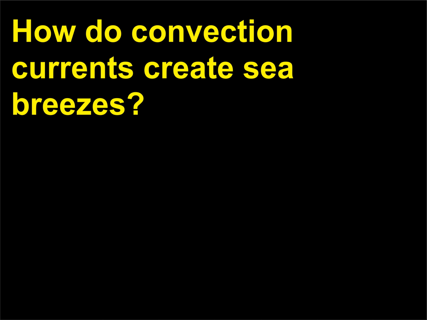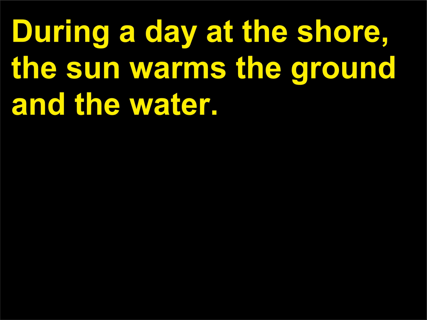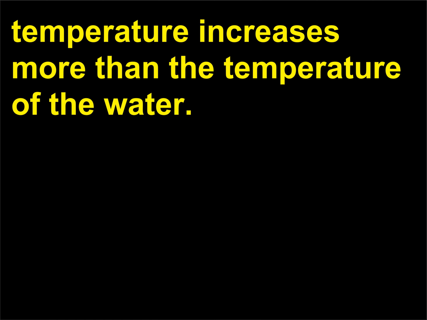How do convection currents create sea breezes? During a day at the shore, the sun warms the ground and the water. The ground has a lower specific heat and so its temperature increases more than the temperature of the water.